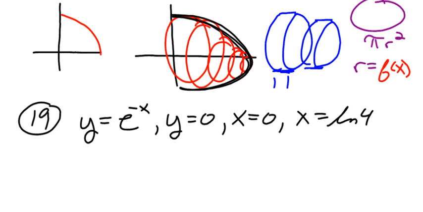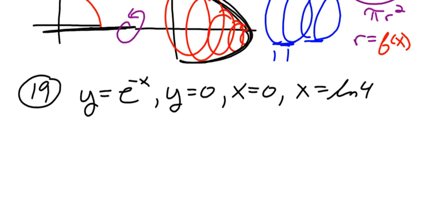Use the disk method to find the volume of the solid generated around the x-axis. Everything we've been doing right now has been with respect to the x-axis. A lot of times we denote it with a little arrow that shows which axis we're rotating around. So given all this information, find the volume by the disk method rotating around the x-axis.